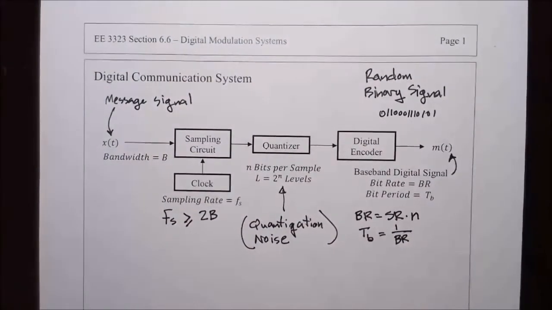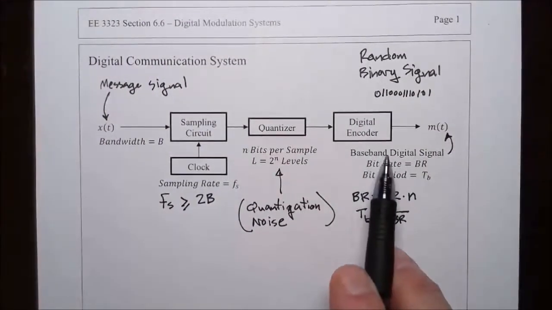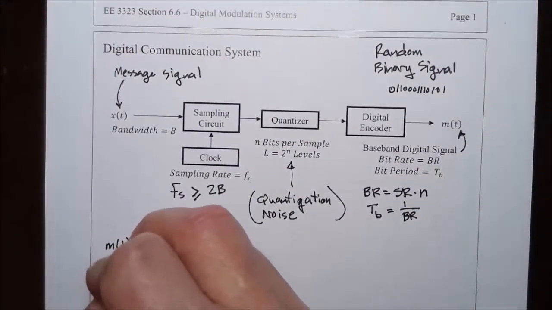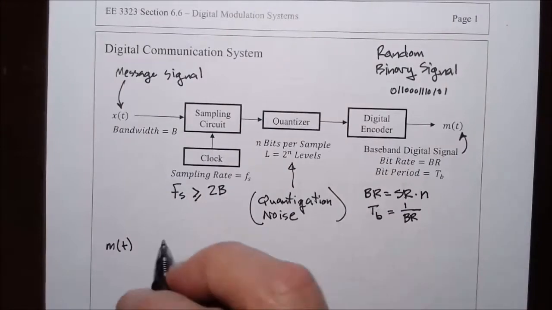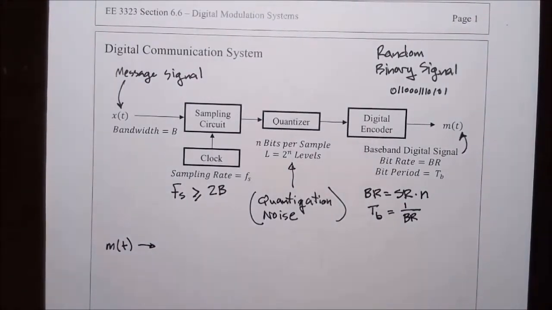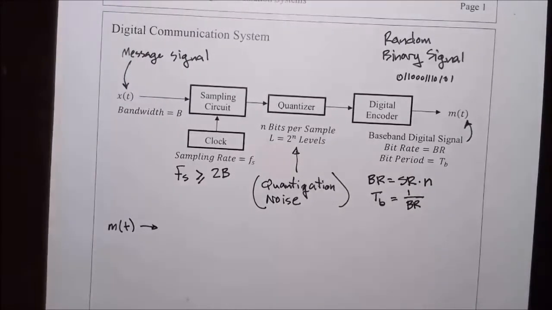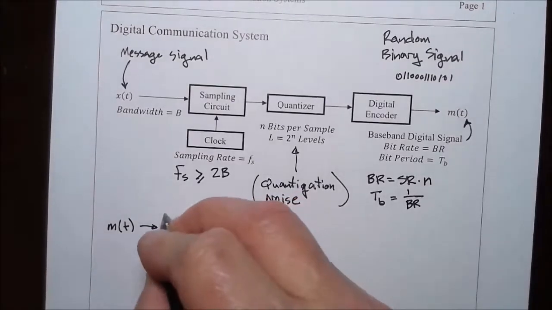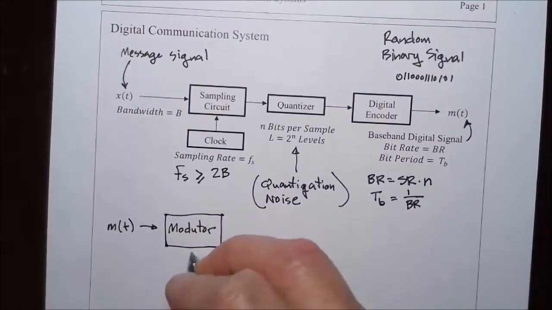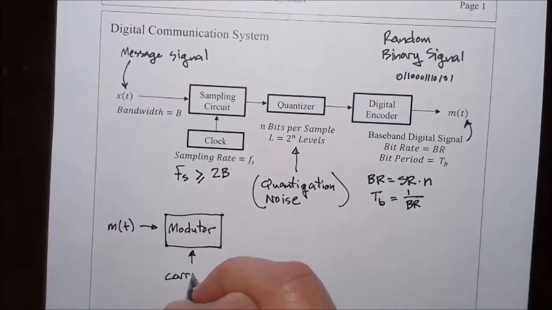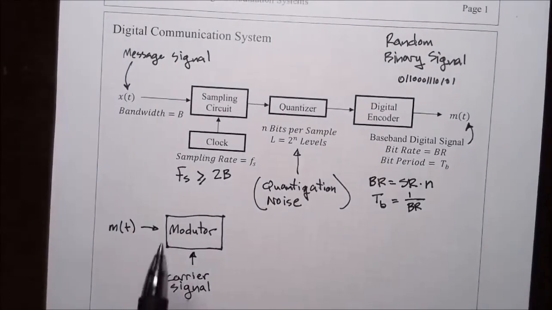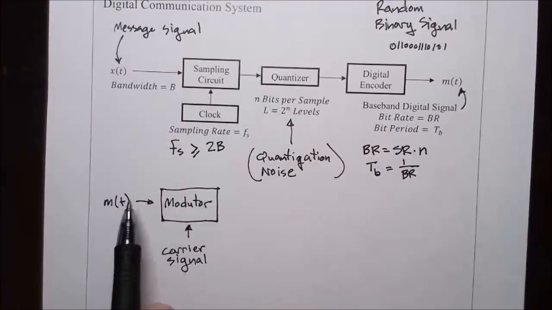So we want to extend this system now by taking this baseband digital signal m of t. So we're going to take m of t, that's this signal, and apply this to a modulator where we take a carrier signal, and we modulate the carrier signal in some fashion using this baseband digital signal.